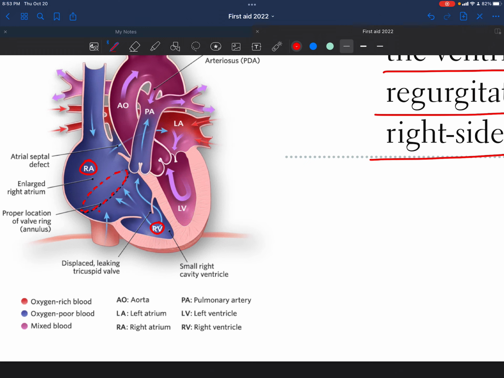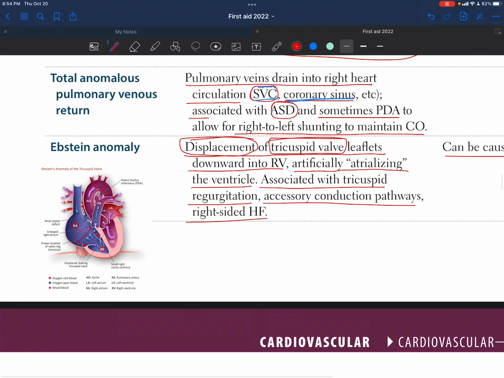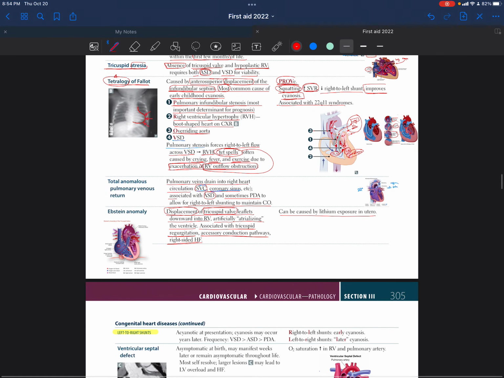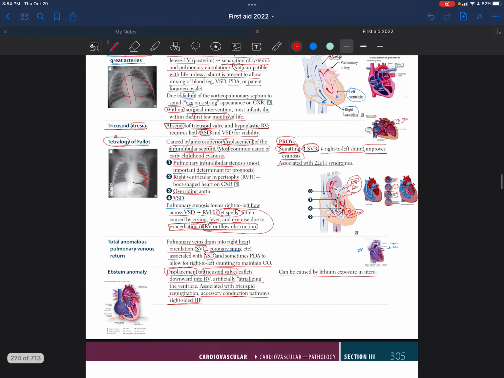But what happens in this case is it just goes downward. Because it's displaced, it's associated with tricuspid regurgitation. It just regurgitates. And also there could be an accessory conduction pathway and also right-sided heart failure. So that is associated with lithium exposure in utero. And I guess that's it.